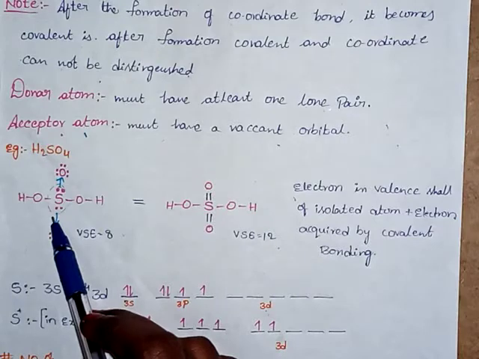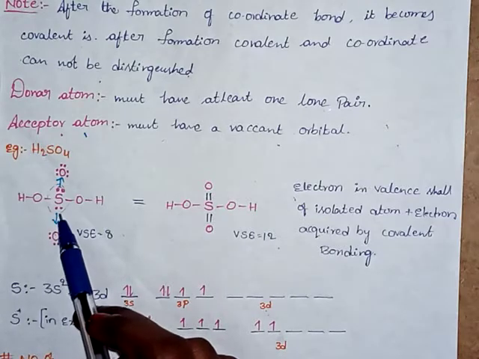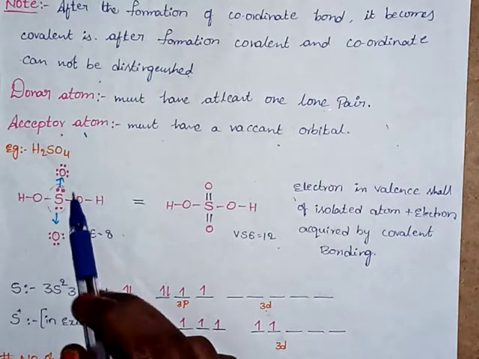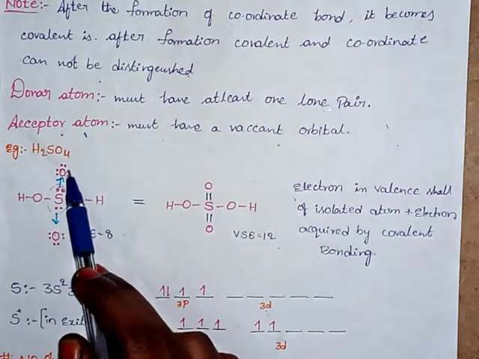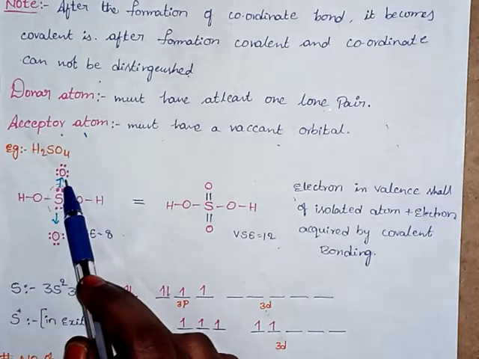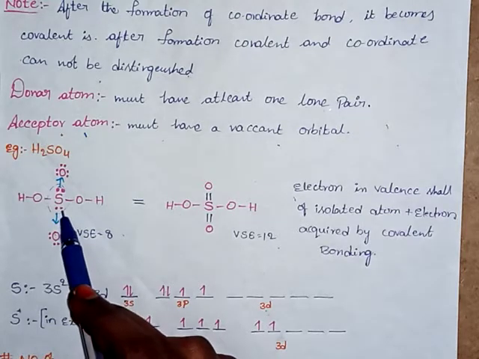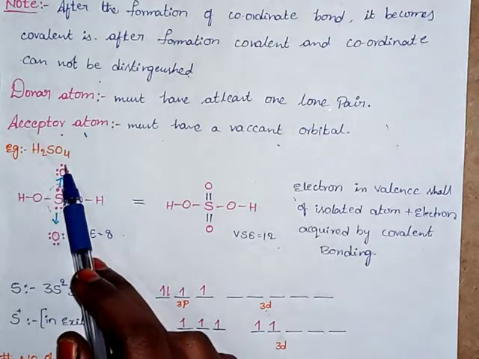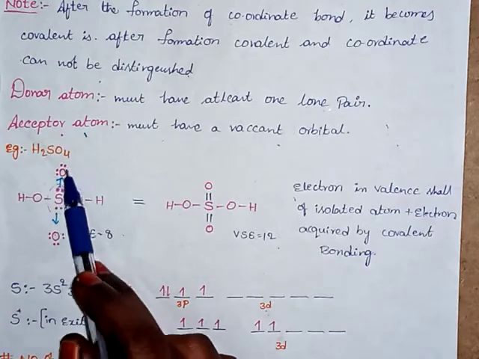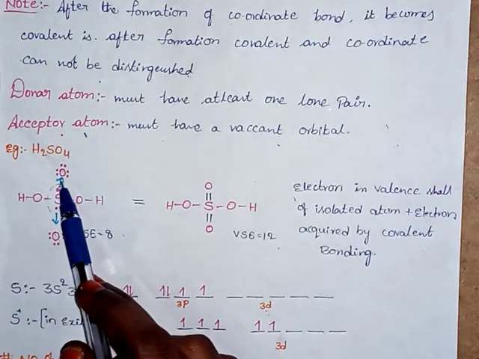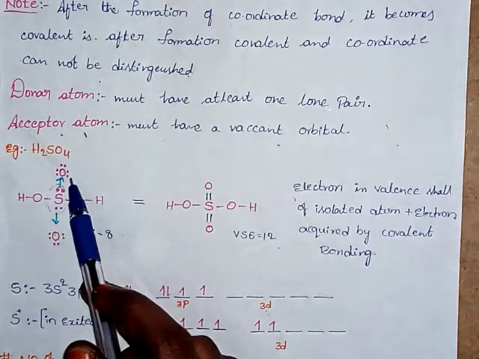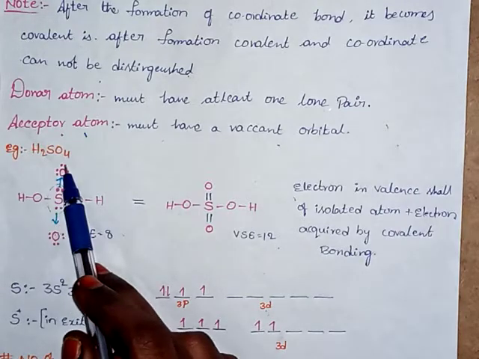And here also, this oxygen has 6 electrons, so it needs 2 electrons, and sulfur has 2 electrons to give. So sulfur gets ready to donate its electrons to this oxygen atom.